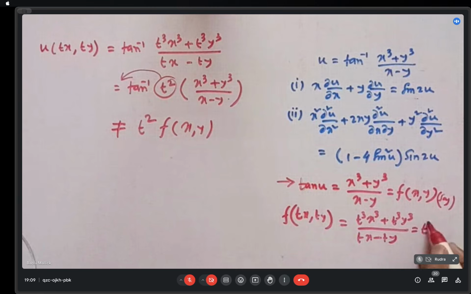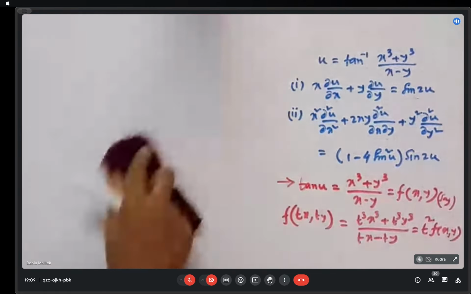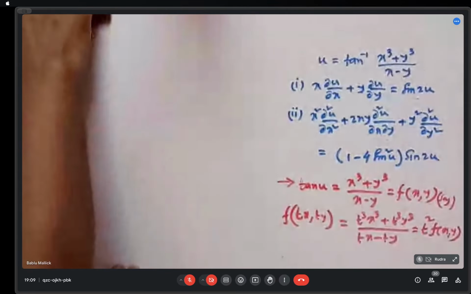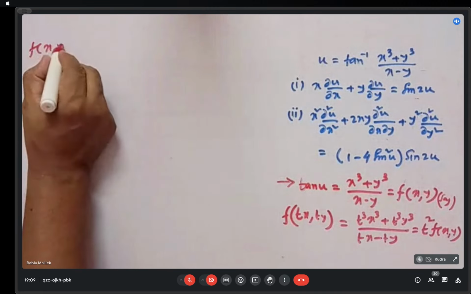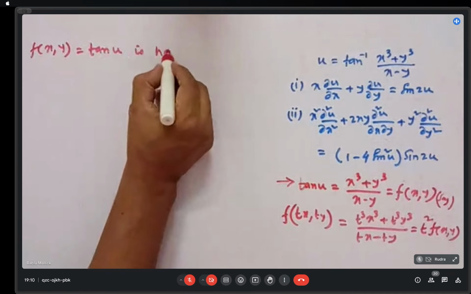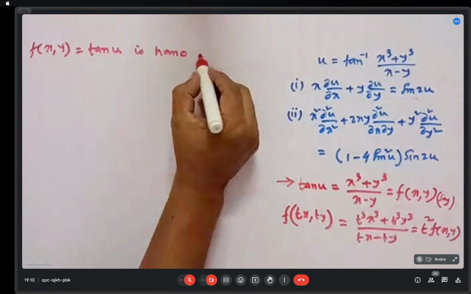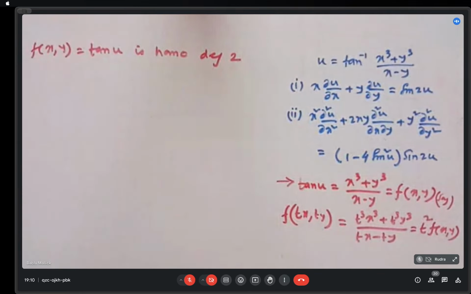So this will give you t square into a function of x, y. Therefore f of x comma y, that is tan u, is a homogeneous function of degree 2.